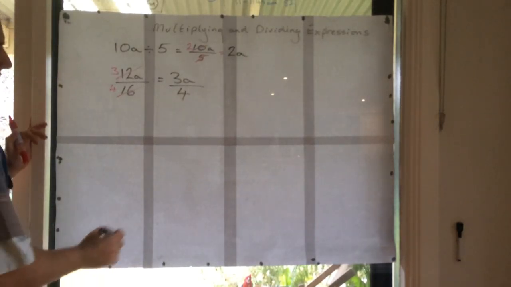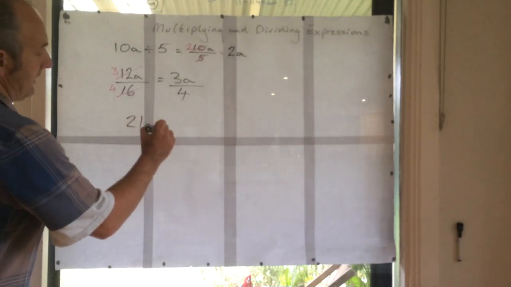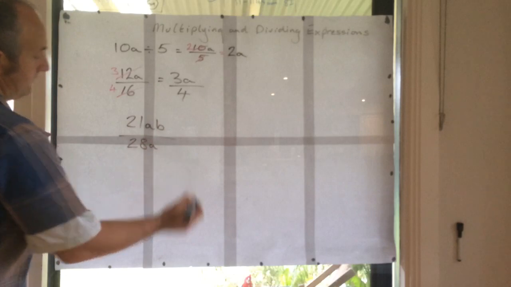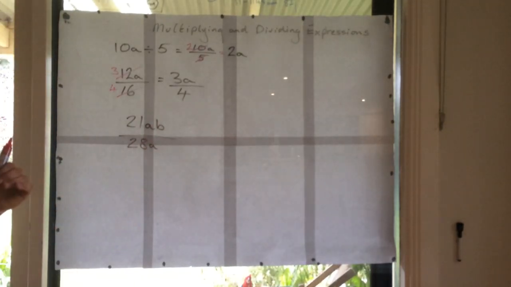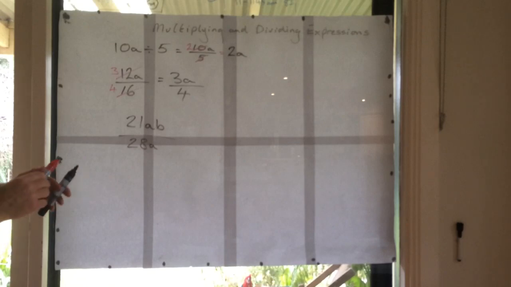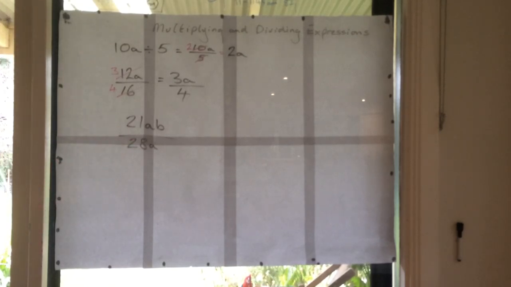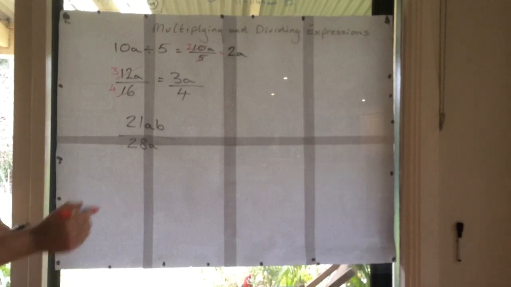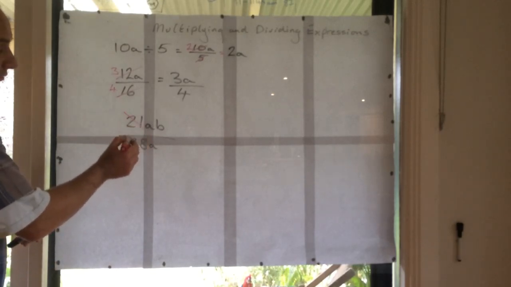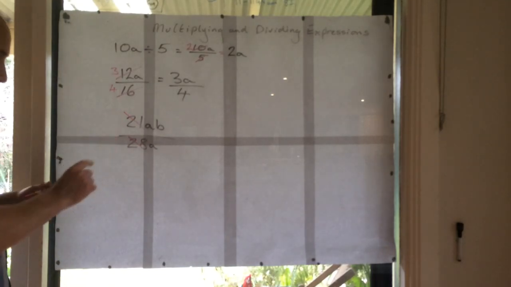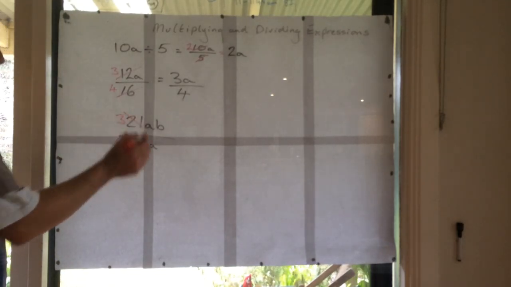Let's do another one. Let's do this. 21ab over 28a. Now, this is going to get slightly more complicated. So, what's a number that goes into 21 and 28? The number is 7. 7 goes into 21 and it also goes into 28. How many times does 7 go into 21? 3 times.